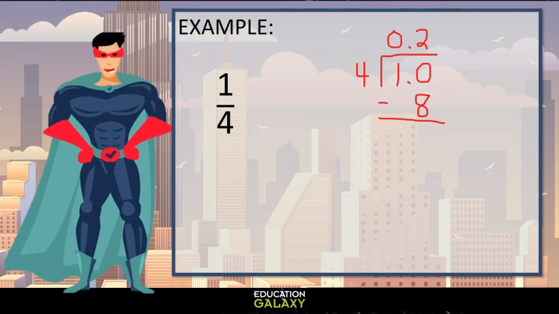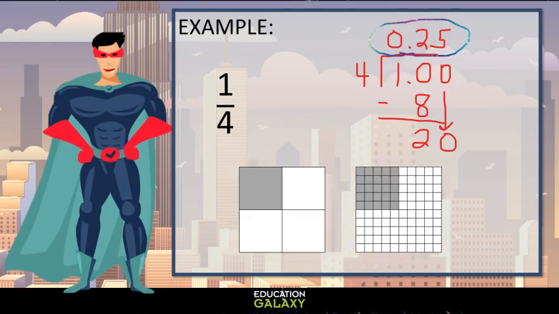That leaves us a remainder of 2. Insert a second 0 as a placeholder, dropping it down. Now, 4 goes into 20 5 times, so bam! We get 25 hundredths. Let's confirm this with a model. 1/4 is equal to 25 hundredths.